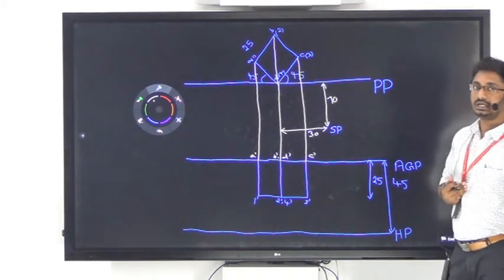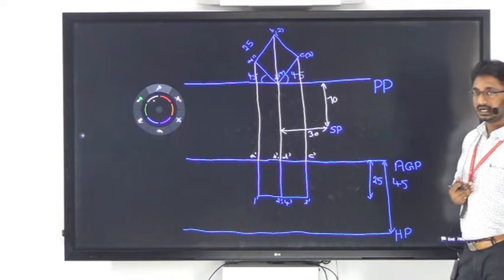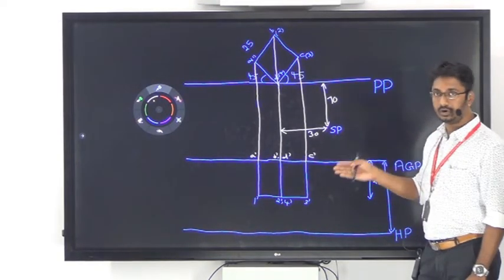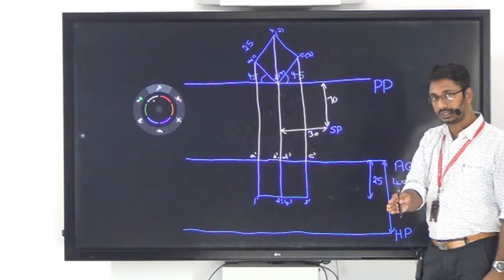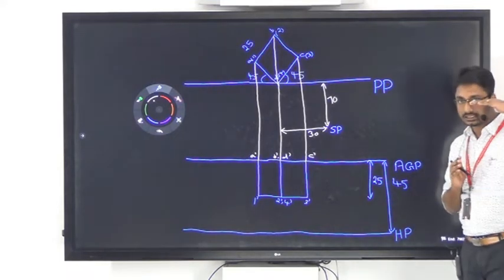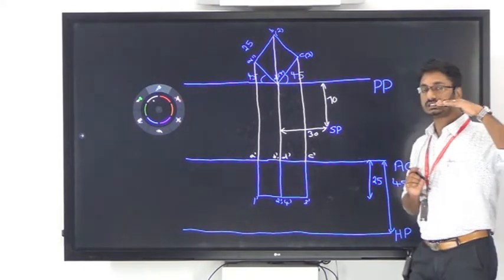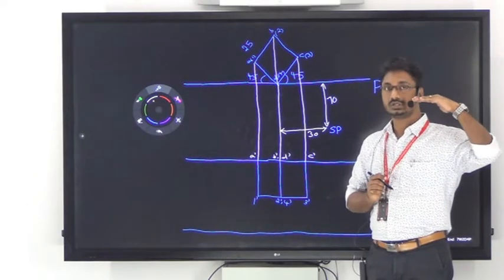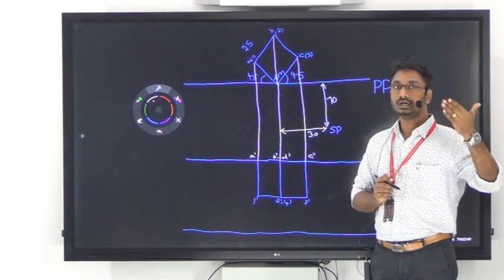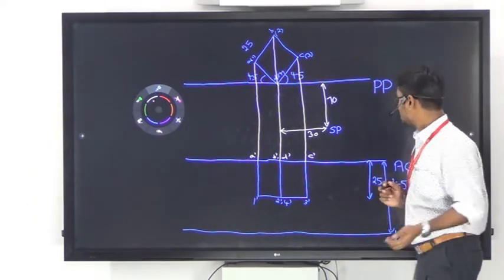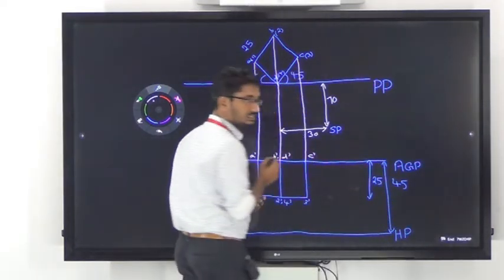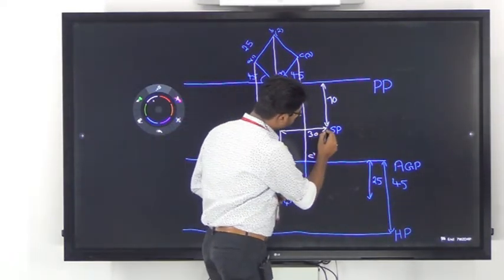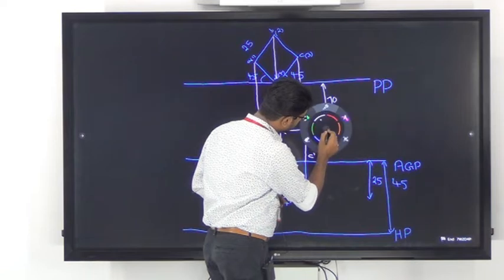Now you have to mark the front view of the station point. We know that top view and front view of the station point will be on the same projector. Okay, and we know that horizon plane is a plane which passes through the observer's eye, or it passes through the station point. So station point will be a point on the horizon plane. So to get the front view of the station point, draw a projector from the station point.